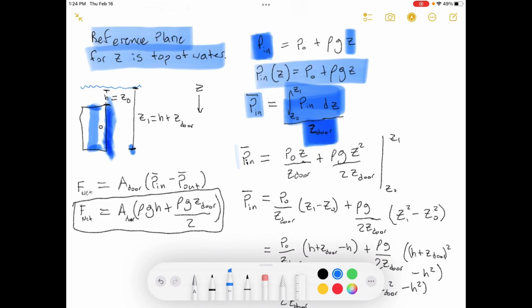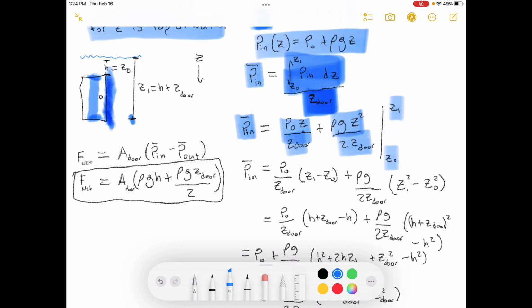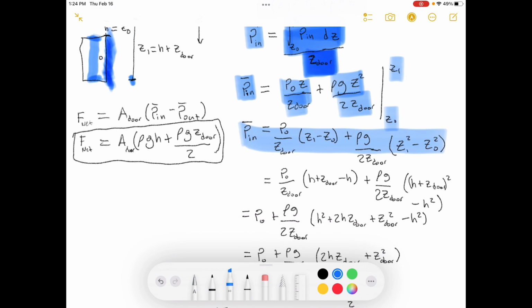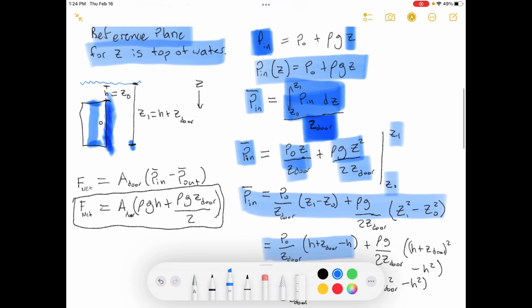Okay, now we've got our average pressure. We just perform the integral here, and then we evaluate the integral at z1 and z0. And then this is just a bunch of algebra canceling out terms. We substitute in h because our function that they want us to compare it to is a function of h, so we'll substitute in what h is instead of z.